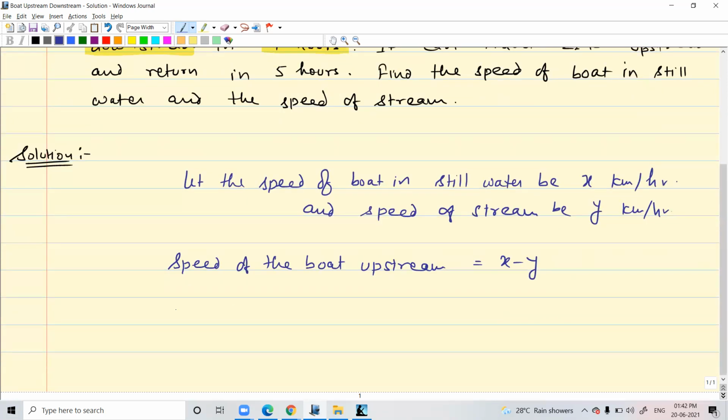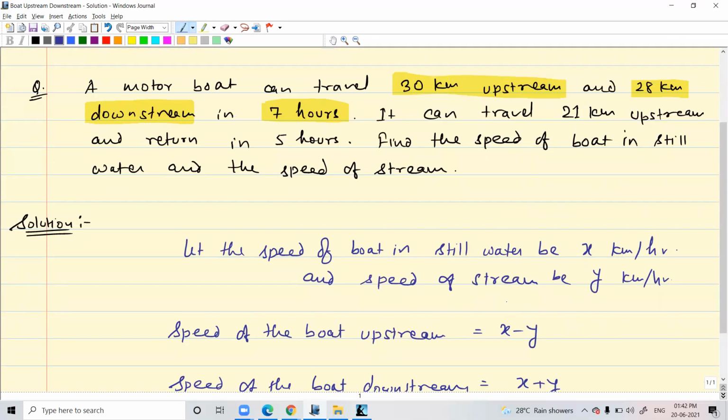And speed of the boat while going downstream: the stream is helping the boat to go faster, so the speed will increase and it will become x plus y kilometers per hour.